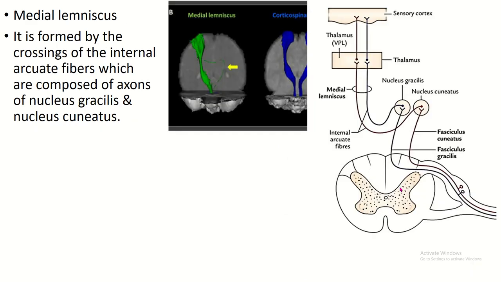This is the medial lemniscus. This is fasciculus gracilis, fasciculus cuneatus. This is the nucleus gracilis, the nucleus cuneatus, and the axons of these nuclei cross and form the internal arcuate fibers, and these fibers together are known as the medial lemniscus.